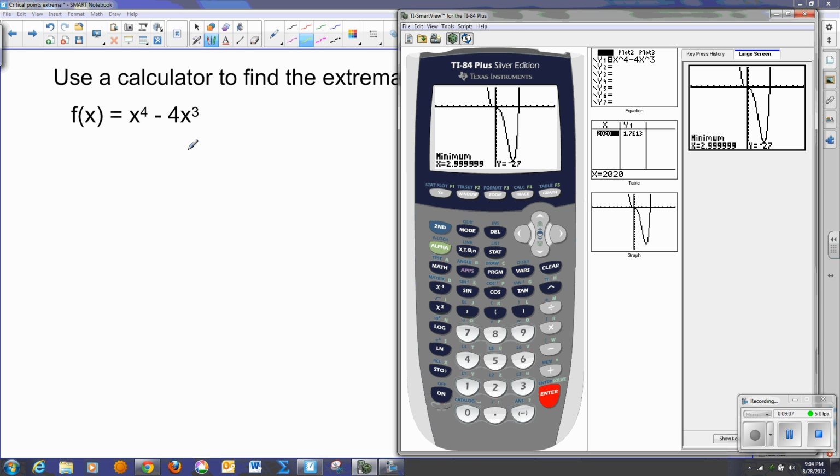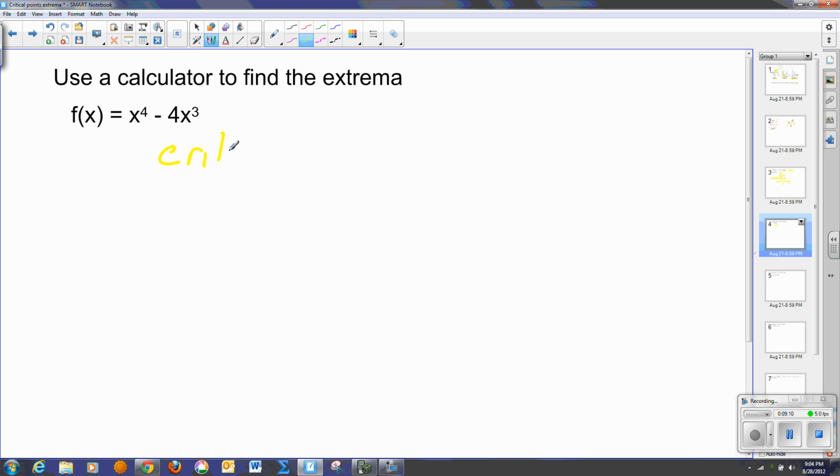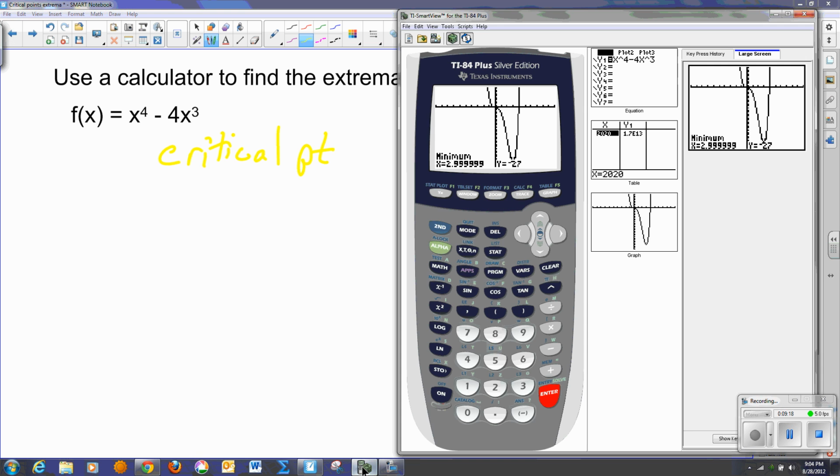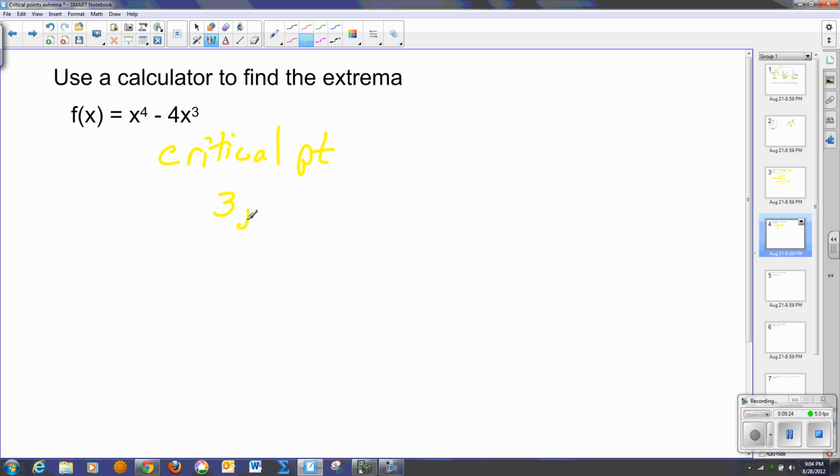So my extrema, or my critical point, was, I believe, once again at (3, negative 27). So I have an absolute min of, and I'm using the y value here, negative 27 at 3. Let's go to the next example.